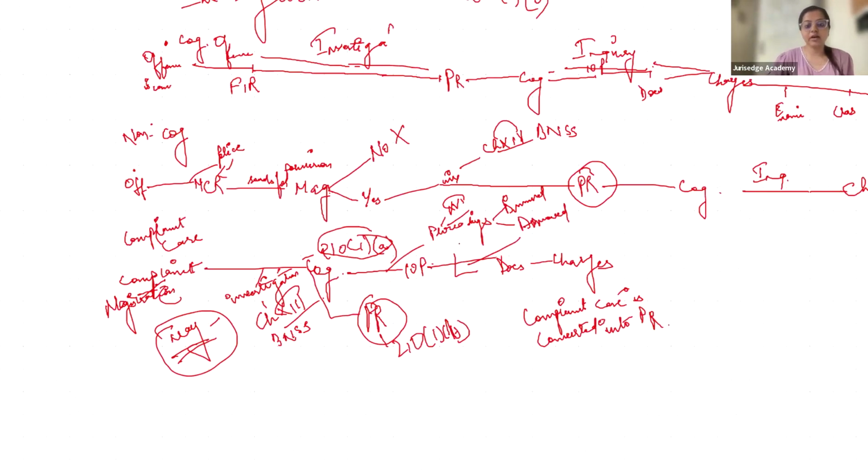So the magistrate will take cognizance on a police report and not on a complaint, because the trials are different, that is why we are differentiating.